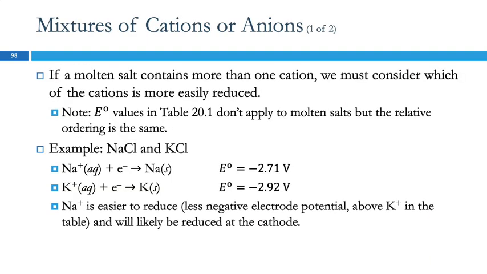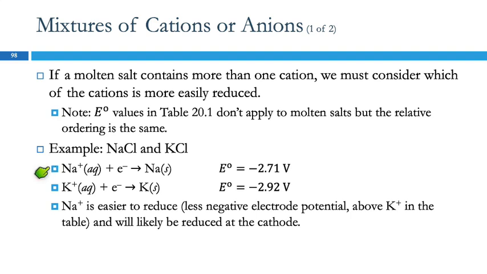If there's more than one cation in that molten salt, like if we have sodium chloride and potassium chloride, then we have to look at which cation is more easily reduced. Those standard cell values don't apply to molten salts. The numbers are not the same. Those are for aqueous solutions at standard conditions. But the relative ordering is the same.